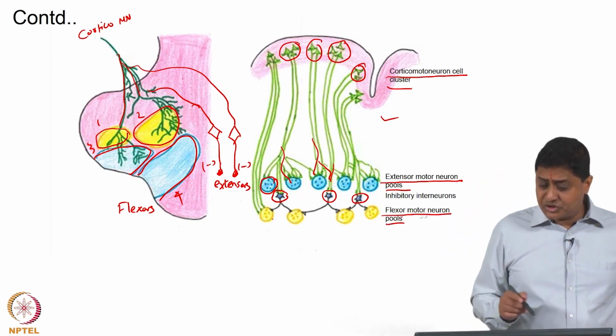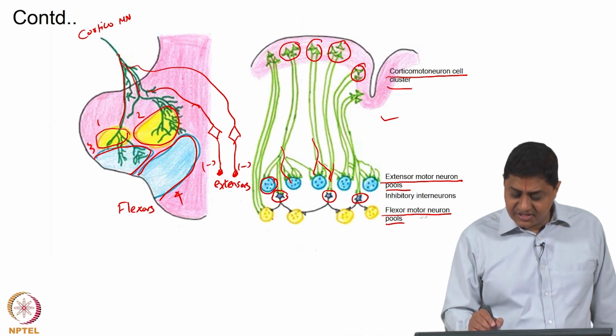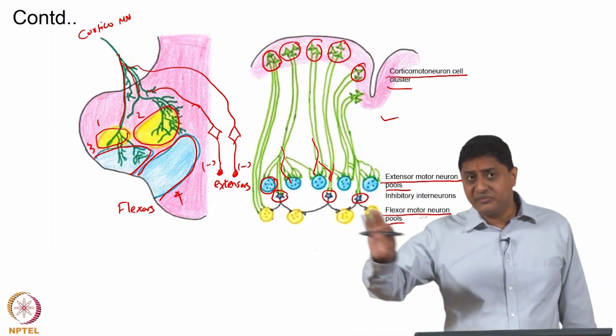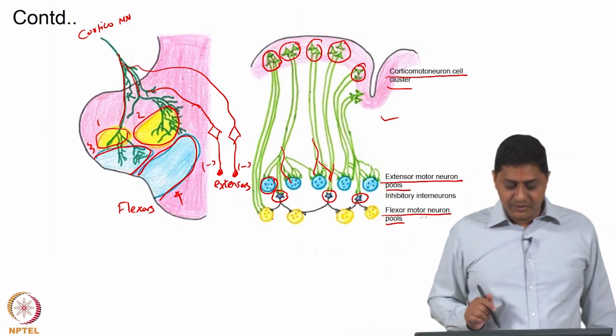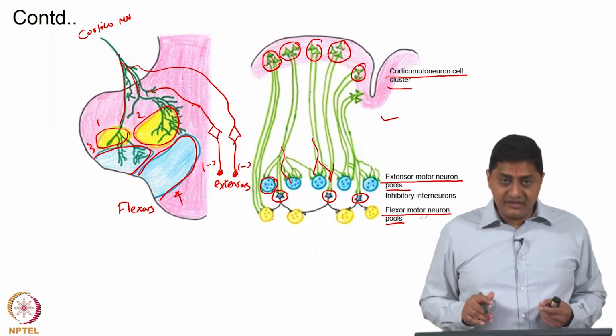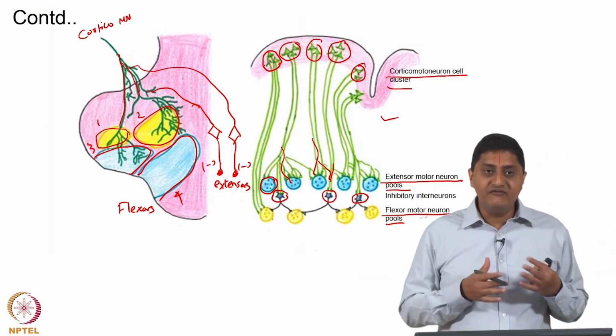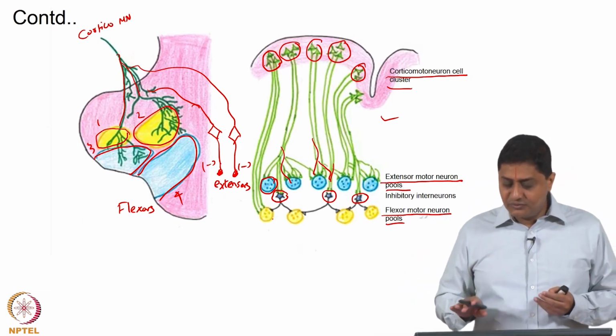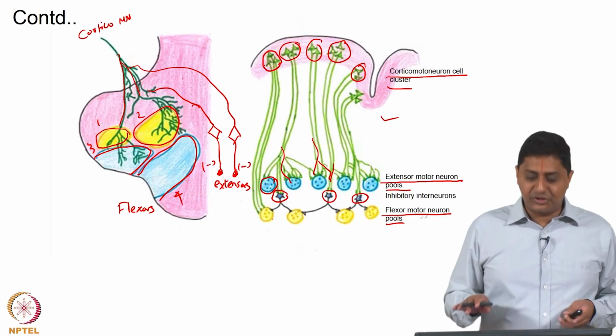What is not shown is that these flexors are also receiving inputs from different clusters of corticomotor neurons, and they are also inhibiting the extensors, and so on and so forth. So, what we have learnt is that there is both convergence and divergence from the corticomotor neuronal pools to the spinal motor neuronal pools.